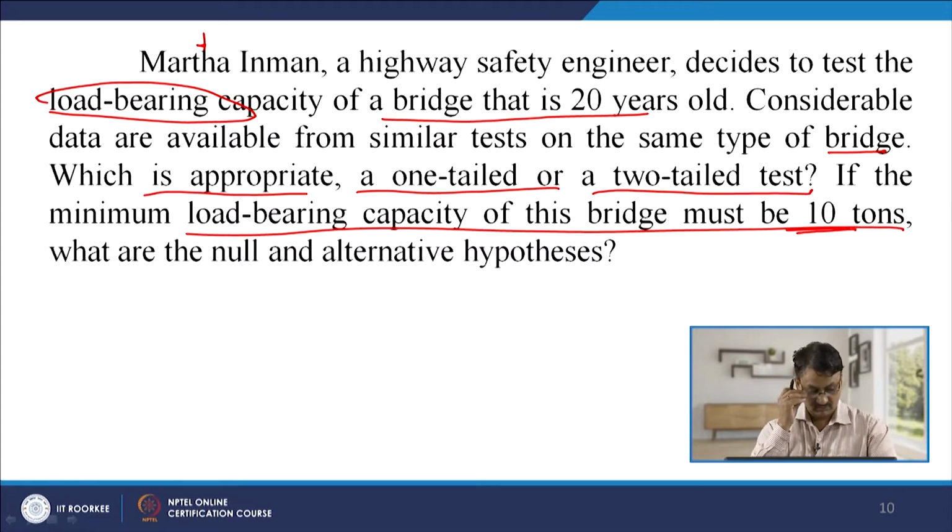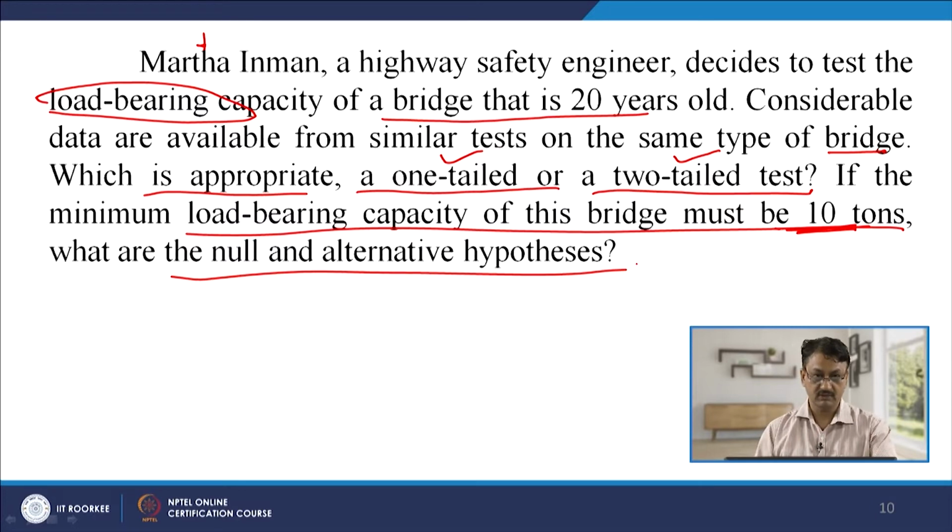So, this safety engineer has to decide whether a one tail test or a two tail test is appropriate, if the minimum load capacity of this bridge must be this many tons. What are the null and alternative hypotheses?